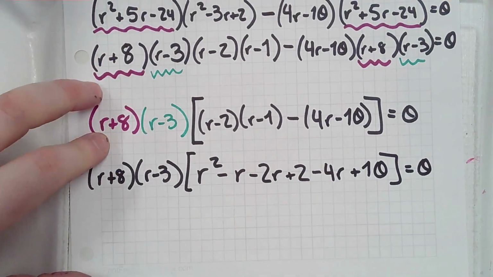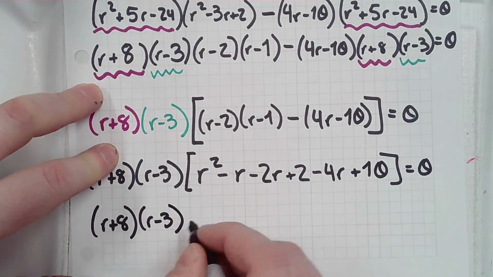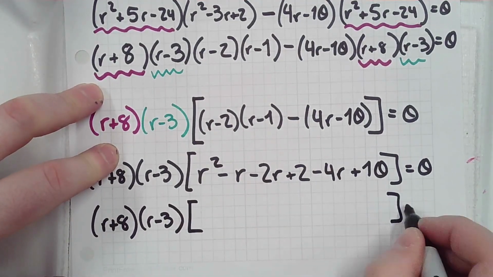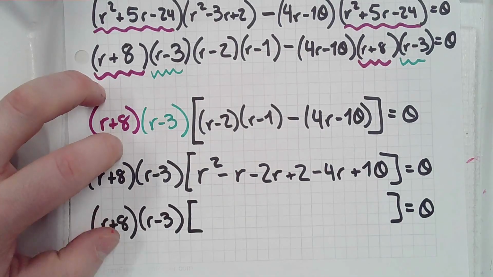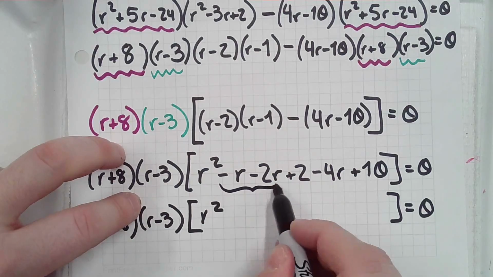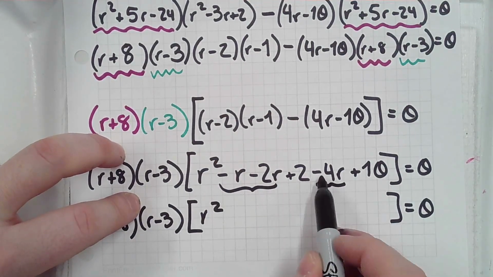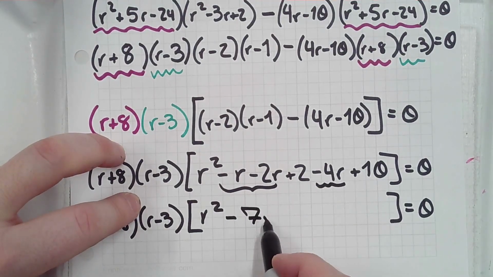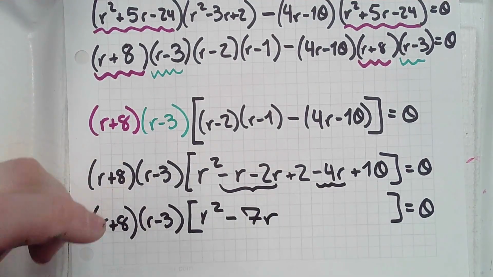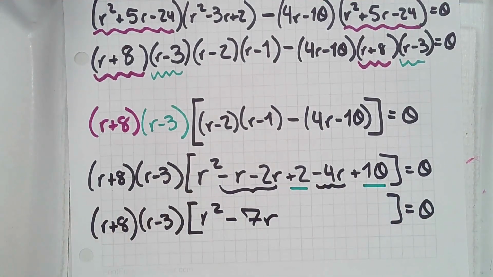I'm going to combine like terms. And what we get now is r squared. I'm going to combine these negative 3r's plus this one. So negative 3r's minus 4r's is negative 7r's. And of course, this and this combine to plus 12.